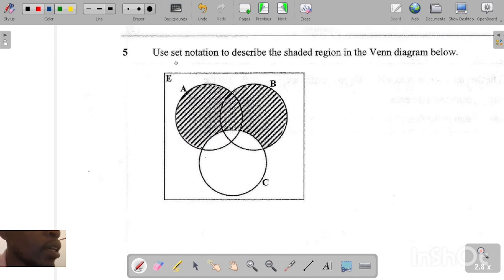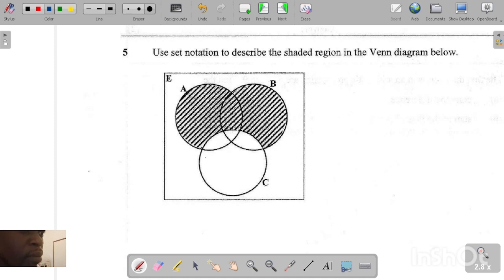Question 5 says use set notation to describe the shaded region in the Venn diagram below. When you look at A and B, A and B have been completely shaded, but C has never been shaded.